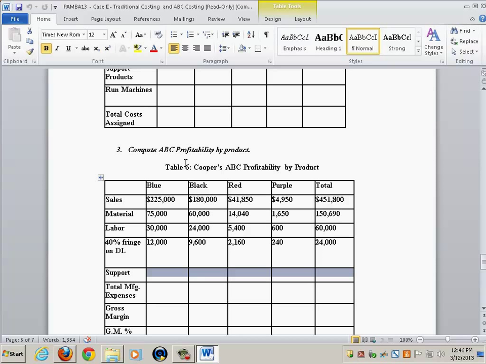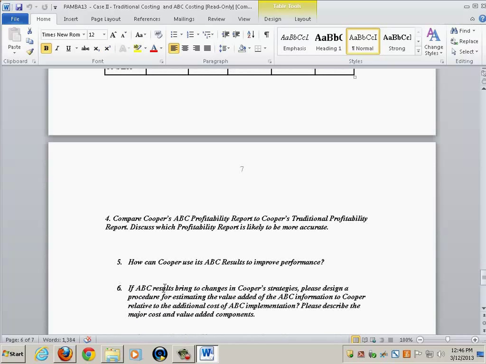not based on traditional costing, because you have done activity-based costing, and the support or indirect cost numbers that you're going to be putting here are going to be based on activity-based costing. So in requirement 4, you're asked to compare Cooper's ABC profitability report, which you just calculated, to Cooper's traditional profitability report, which is table number 1, and discuss which profitability report is likely to be more accurate and why.